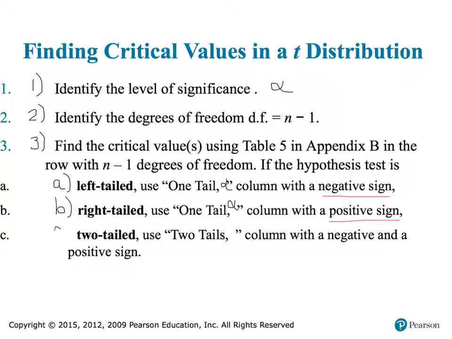The third type would be a two-tailed test. So now we have to go to the row at the top of our table 5 that has 2 tails alpha. Find the appropriate value, whether it be 0.20, 0.10, 0.05, 0.02, or 0.01, and then we'll have 2 critical values, one that has a negative sign and one that has a positive sign.